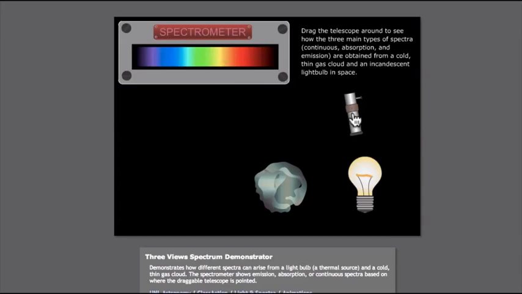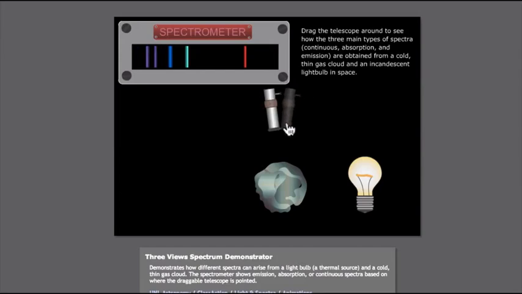To the left is a cloud of tenuous gas, so low pressure, low density, and if you observe the emissions from that cloud of tenuous gas, you get this line spectrum that Kirchhoff and Bunsen discovered. There will be discrete wavelengths, discrete places. It's called a line spectrum for the obvious reason of its appearance. There will be discrete places in the spectrum where this cloud will emit.